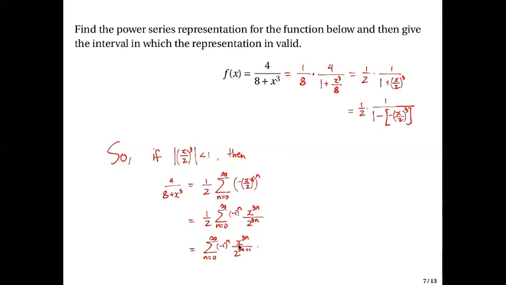So again, this one is valid only in this interval. But notice if the absolute value of x over 2 cubed is less than 1, if you take the cube root of both sides, the inequality remains the same. So this guy here is valid.